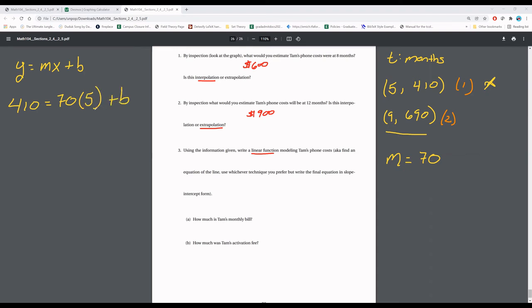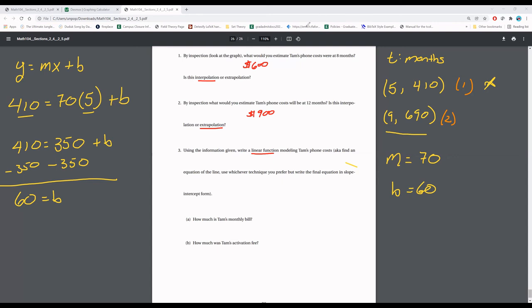So just inputting the point here: 410 equals 70 times 5 plus b. 70 times 5 is 350. Last thing I need to do, just solve for b, so I'll subtract that 350 from both sides. 410 minus 350 is 60. That tells me b is 60.